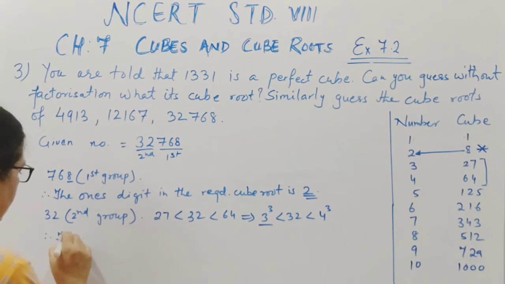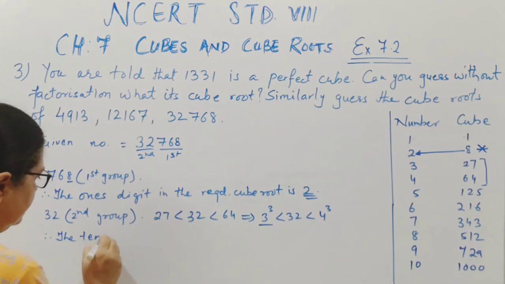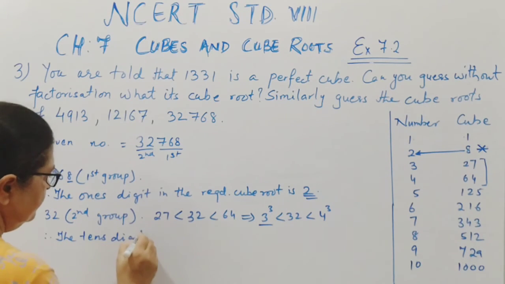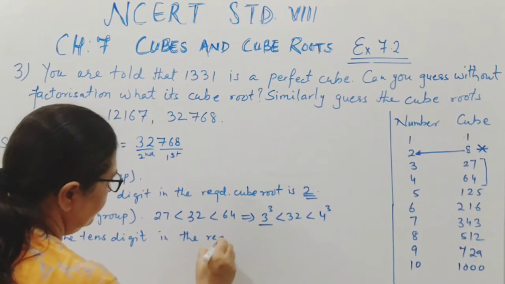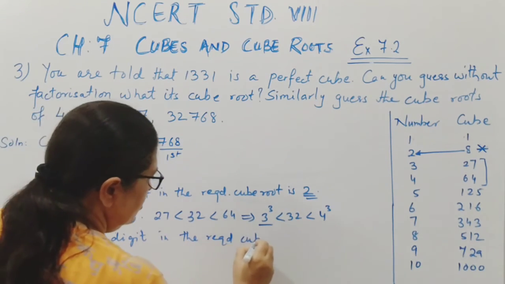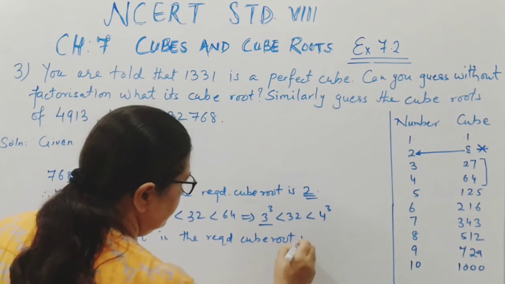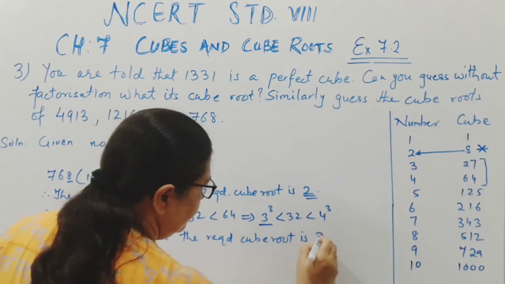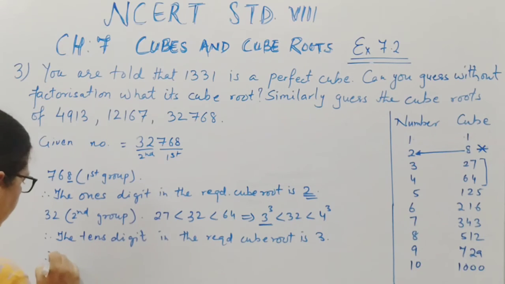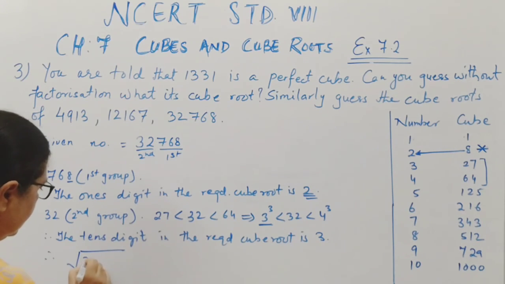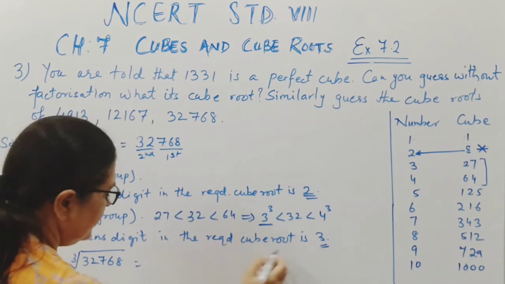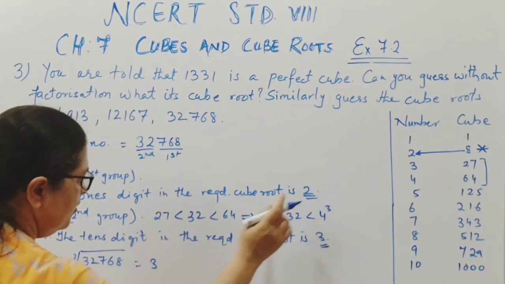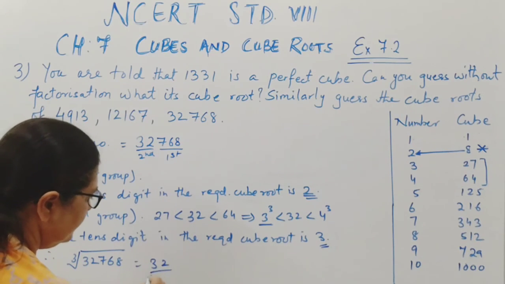Therefore, the tens digit in the required cube root is 3. Therefore, cube root of 32,768 is tens digit 3, ones digit 2, that is 32.